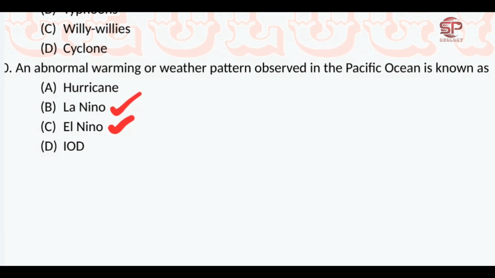It is for winter, the coldest winter is for La Nina, and the warmest is for El Nino. Then IOD is called the Indian Ocean Dipole. It affects rainfall along the African coastline and also covers some part of the Indian subcontinent. Here the answer will be El Nino.